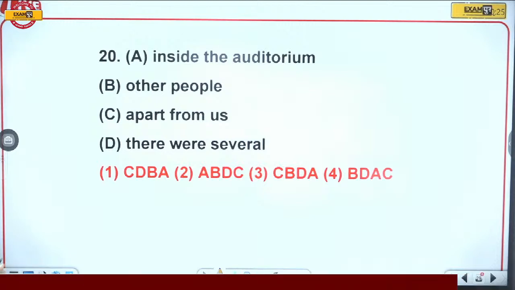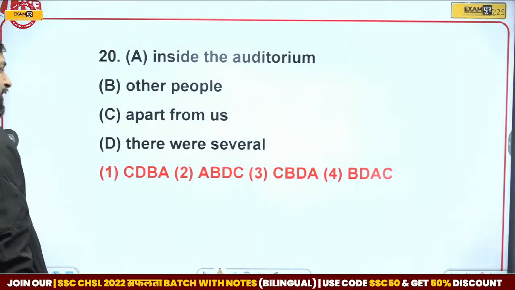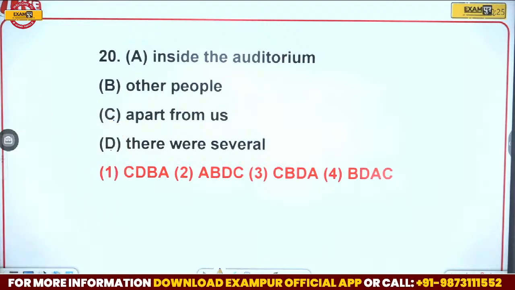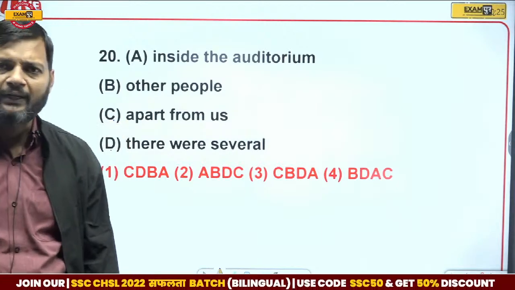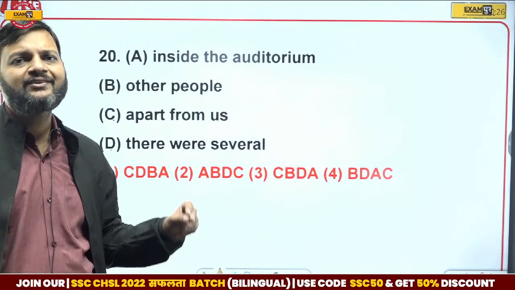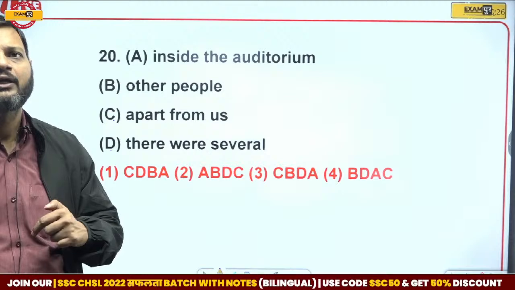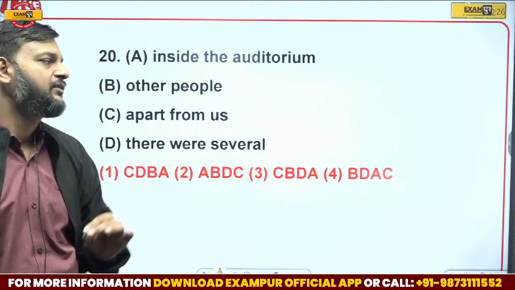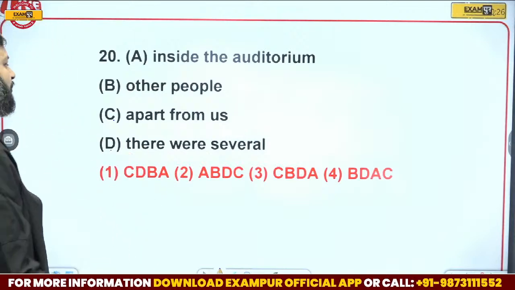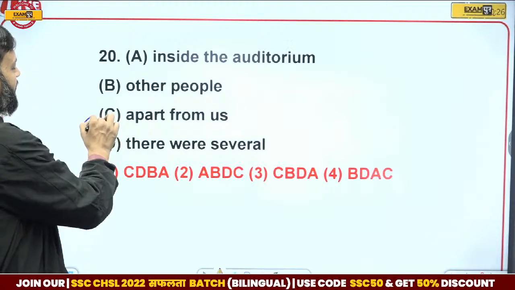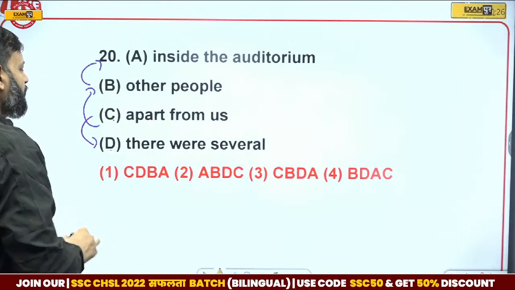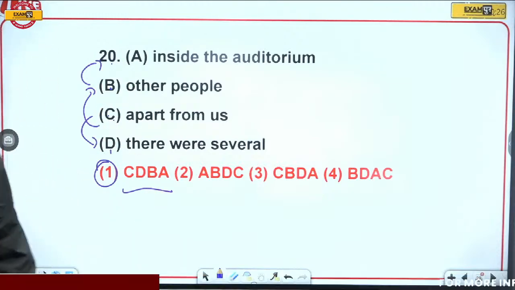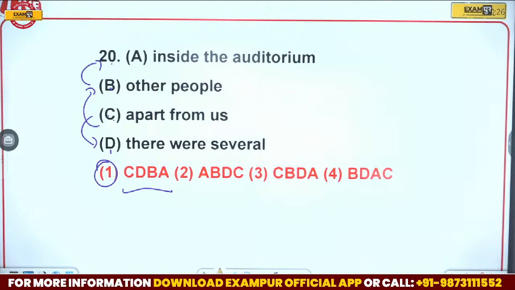See, this paragraph can start either with D or with C. Both sentences can be the first sentence, but there is no option which has D as the first sentence. So apart from D, only C may be the first sentence. Apart from us should be followed by there were several other people inside the auditorium. So the sequence should be C, D, B, A. This should be the answer.